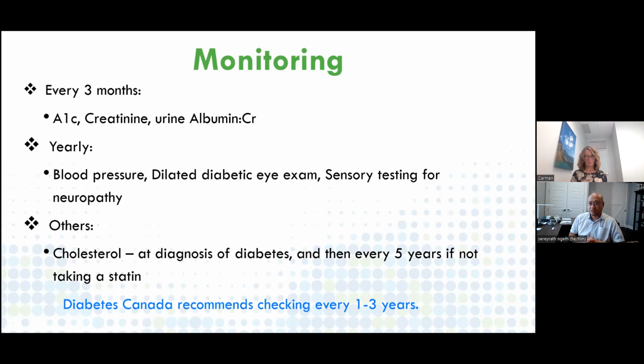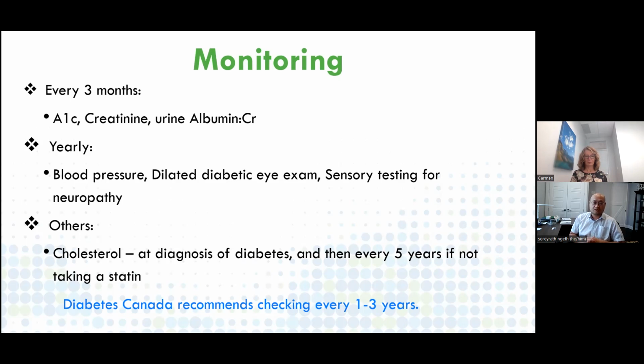I refer patients often every year to the optometrist for a dilated eye exam to make sure there's no damage to the eyes. And I rely on my nurses to do sensory testing, most often the feet, to make sure patients haven't developed any nerve damage.